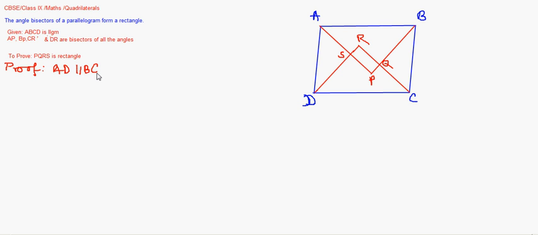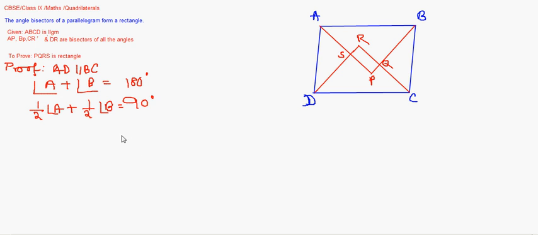If in that case AB is working as a transversal, then whole of angle A plus whole of angle B will be 180, interior angles on the same side of transversal. So half of angle A plus half of angle B will be half of 180. That makes it 90 degrees. This also, we had done in the previous question as well.